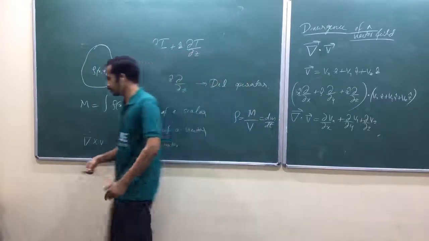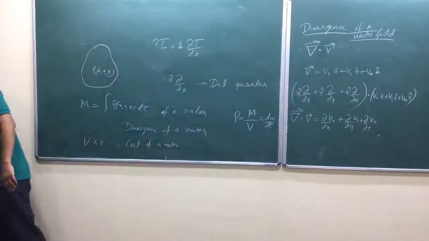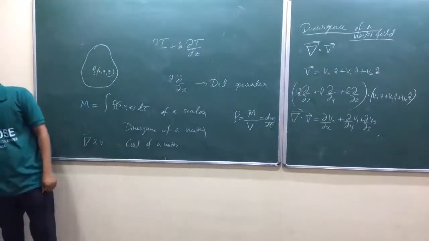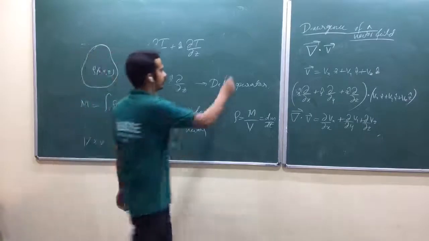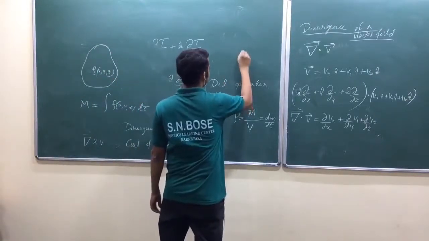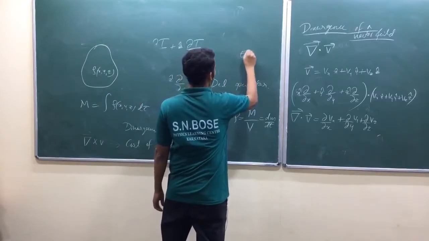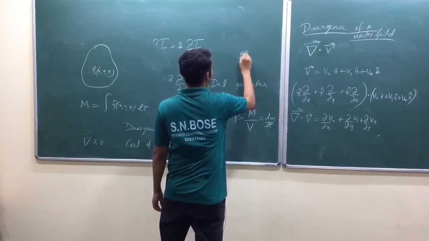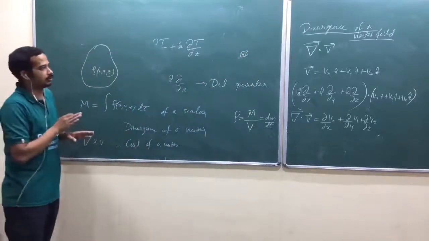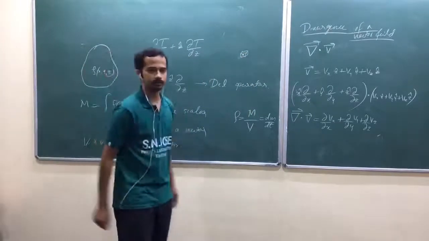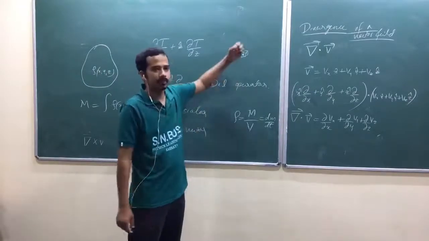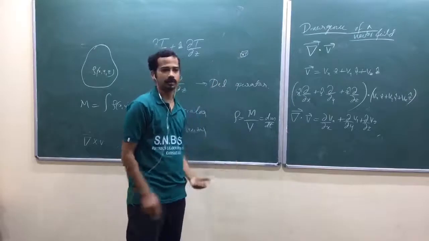So what is the definition? Volume density of outward flux of a vector field from an infinitely small volume. If you take a point, take one infinitely small volume, usually a cubical one, around a given point. Find the flux which is going outward from that volume. That amount of flux divided by volume, that's the volume density.